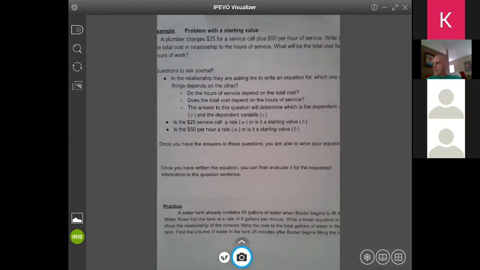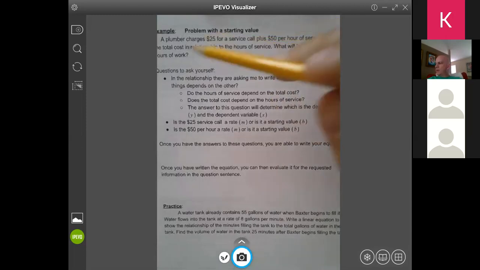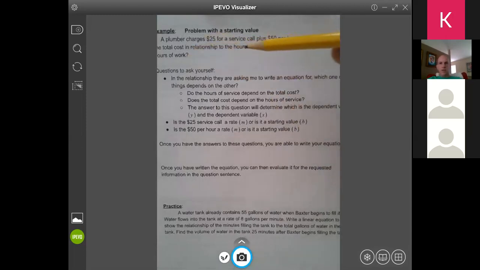All right, so before we can answer that question, we have to write the rule first and then evaluate the rule. So we're going to ask ourselves a couple of questions here again. First thing we want to do anytime we're dealing with a word problem, and they're asking us to write an equation, the equation is going to include at least one variable, and in this case, two, because it's asking us to write an equation about a relationship between two things.